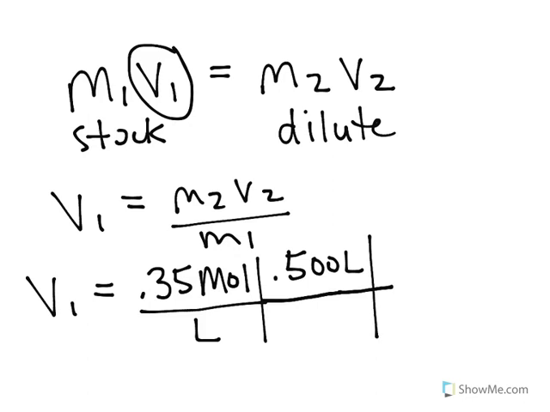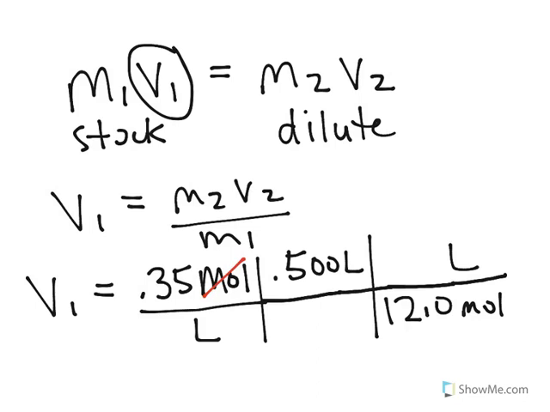And then on the bottom here, I need to put the molarity of my original stock solution, which is 12 molar. And remember that molar is moles per liter. Okay, so now I'm going to double check, make sure that all of my units cancel.